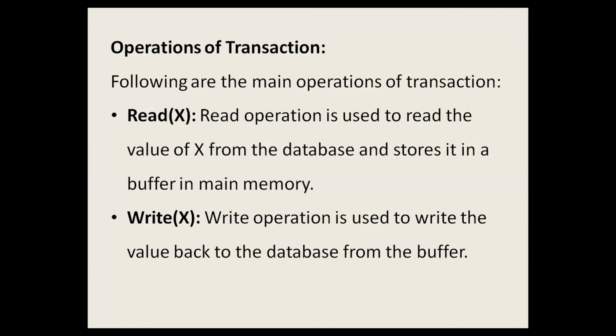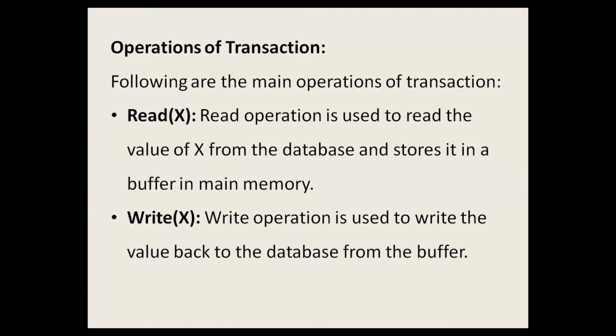And if you want to do anything with the data, it has to be brought into your main memory, right? So that is the reason why in my read operation, I am bringing the data from the database and storing it in the main memory. So main memory is the place where your actual operation takes place. And the second operation you have is your write operation.